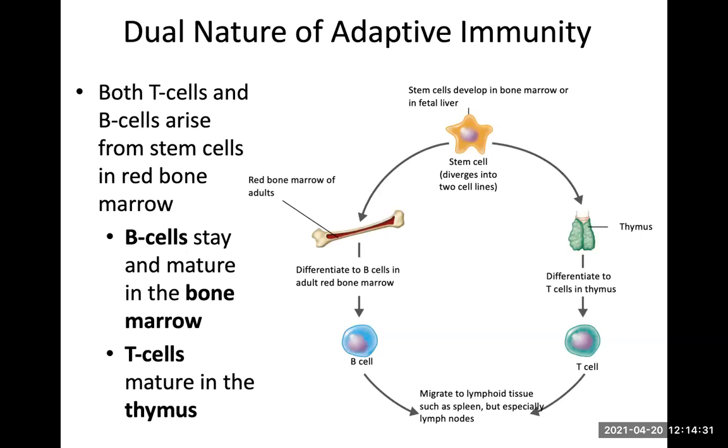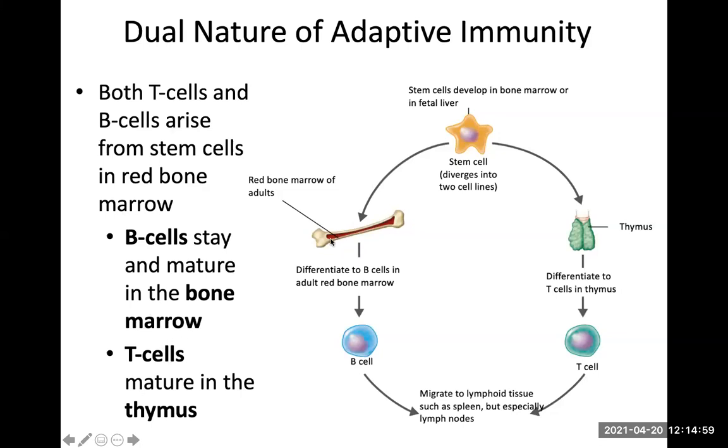that's the dual nature of the adaptive immune system, right? So both T cells and B cells arise from bone marrow, just like all of the cells of the blood that we talked about, right? The B cells stay in the bone, and that's why they're called B cells. They mature. You make sure that they're not going to attack your own cells before you release them, and then they'll go to the lymphatic system, right?